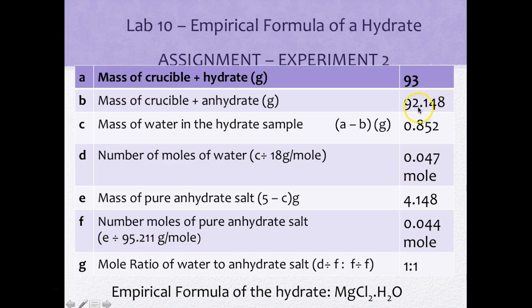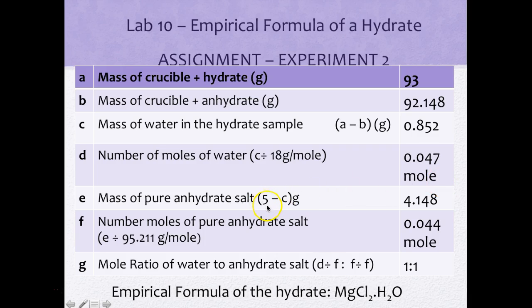So if you subtract 92.148 from 93, you get 0.852 grams. That's the mass of the water that was driven out of the sample, or was present in the sample before the heating step. You take the mass of water, 0.852, divide it by the molar mass of water, and you get 0.047 mole of water.